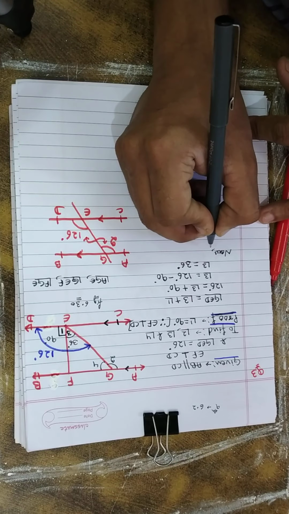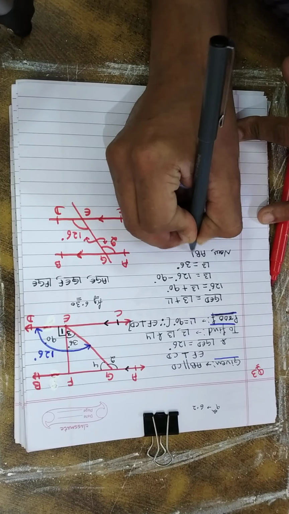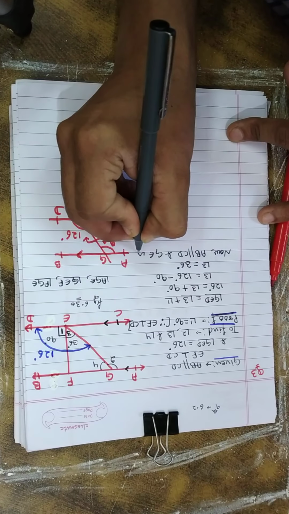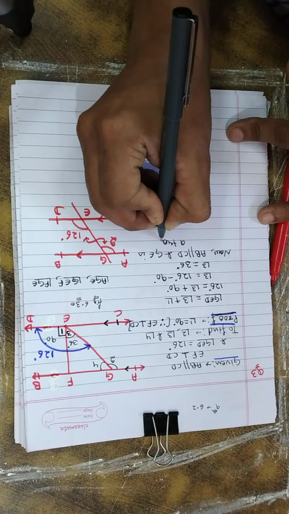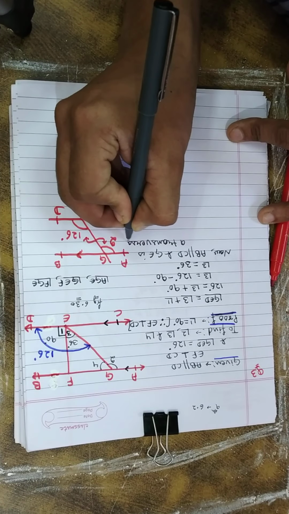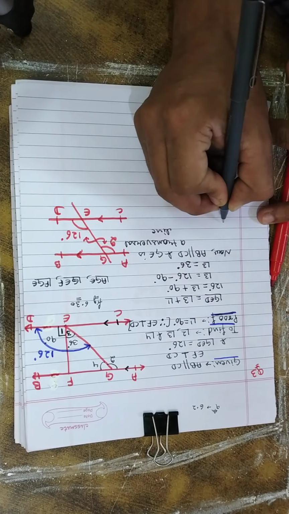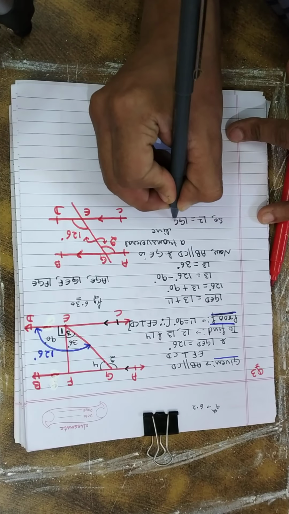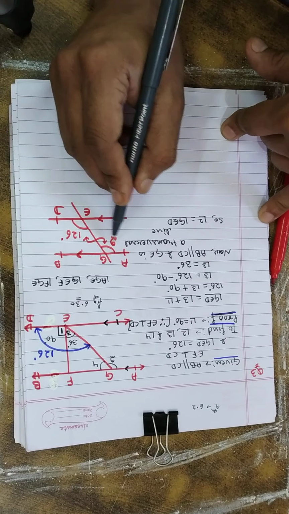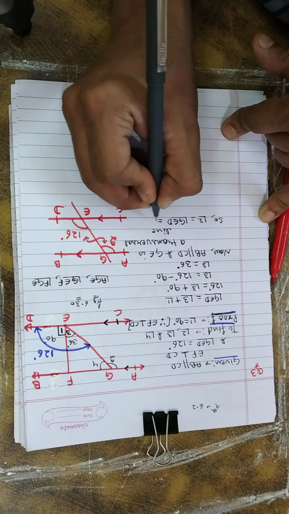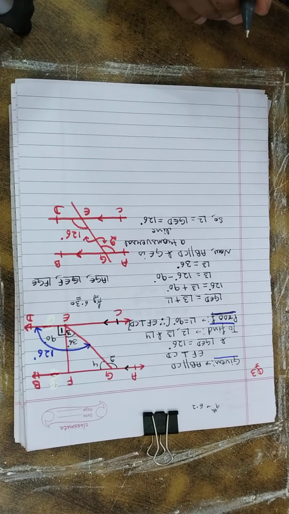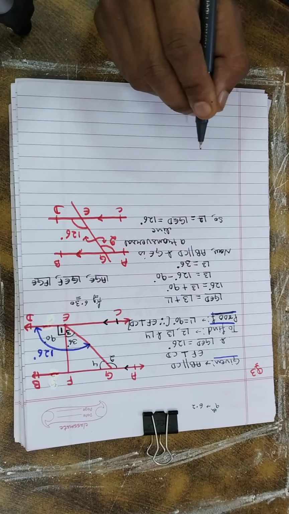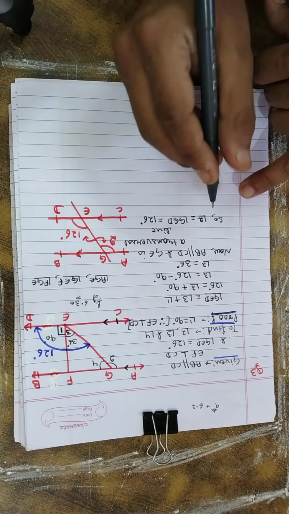With AB parallel to CD and GE a transversal line, angle 2 is equal to GED, which equals 126 degrees.